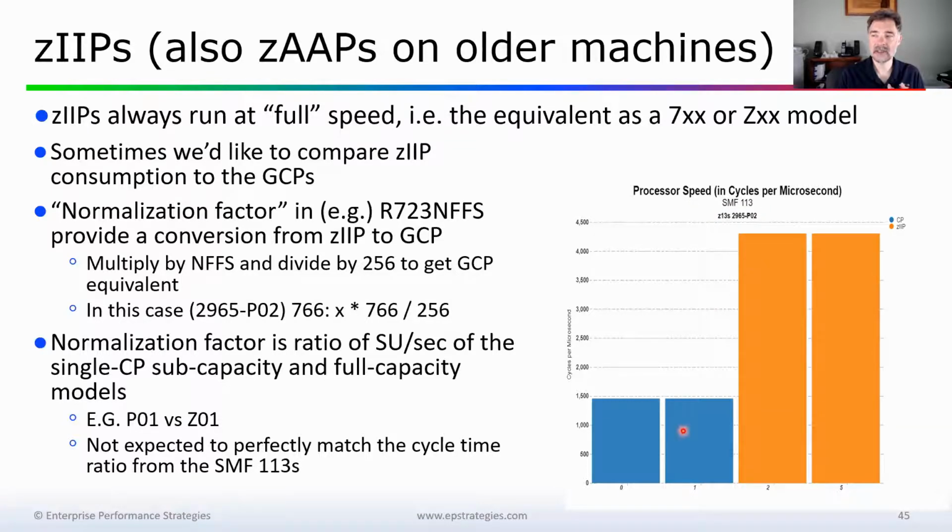You'll notice that this ratio will not exactly match this ratio, and that is expected. Just comparing the cycle times does not really exactly match up to what you expect in terms of getting work done, which is what this is trying to understand, because again, it's derived from the LSPR ratio, which actually measures work getting done.